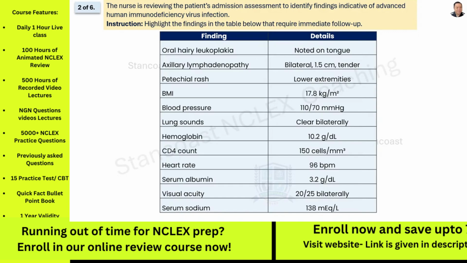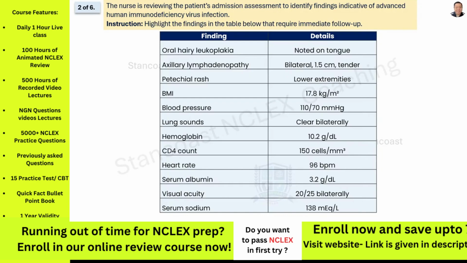There's axillary lymphadenopathy, bilateral, 1.5 centimeters, tender. There's a petechial rash in the lower extremities, a BMI of 17.8, blood pressure of 110/70, lung sounds clear bilaterally, hemoglobin of 10.2, CD4 count of 150 cells per cubic millimeter, a heart rate of 96 beats per minute, serum albumin of 3.2 grams per deciliter, visual acuity of 20/25 bilaterally, and serum sodium of 138 milliequivalents per liter.